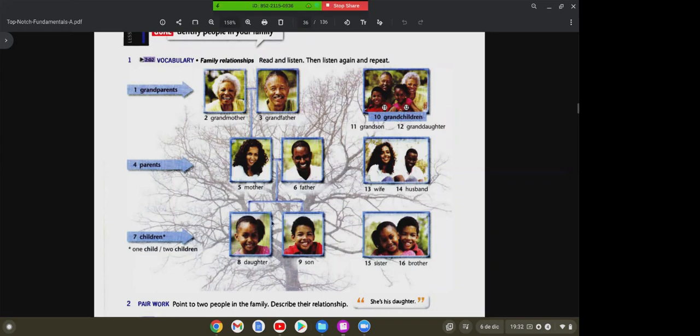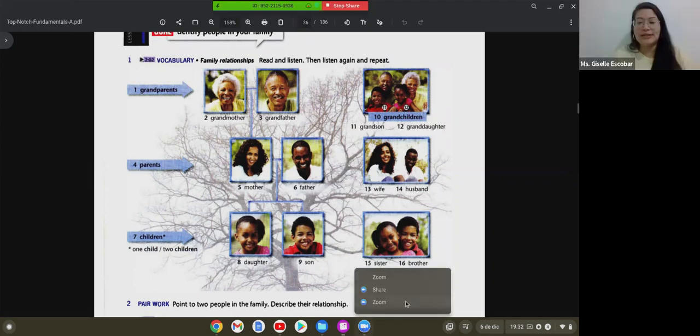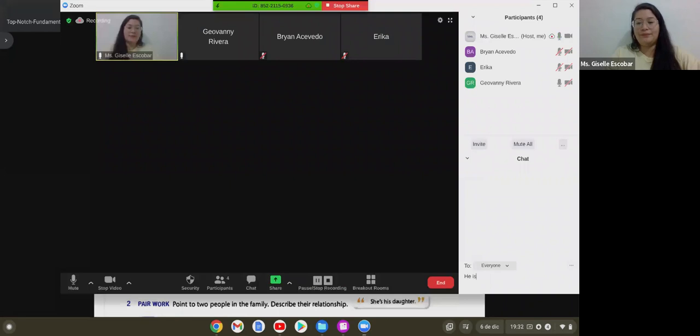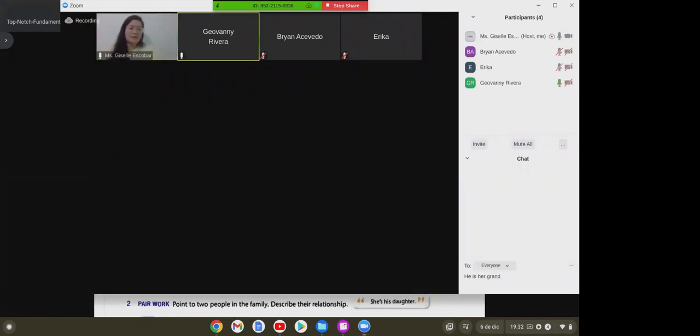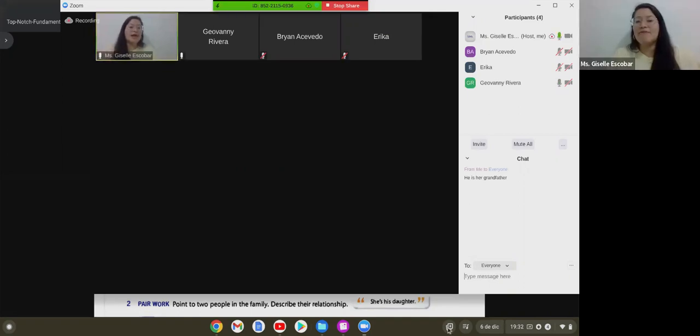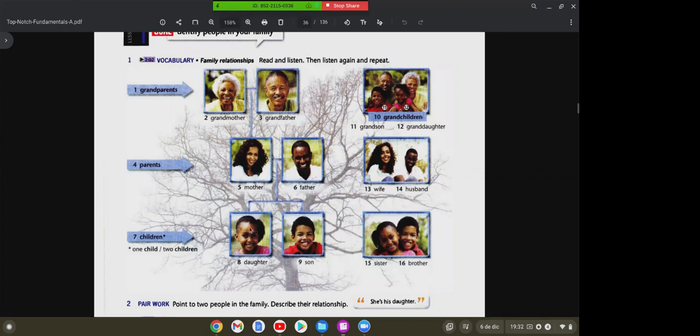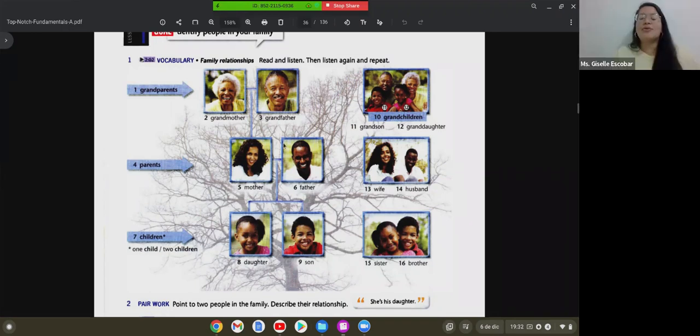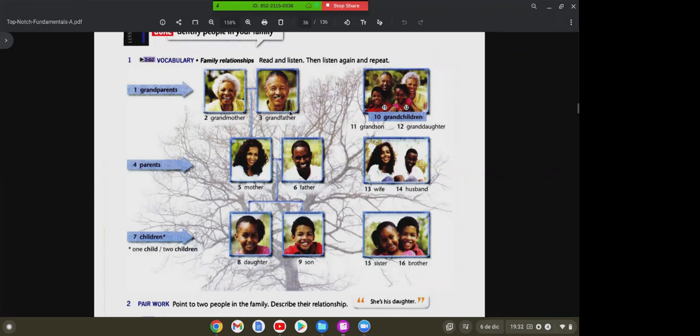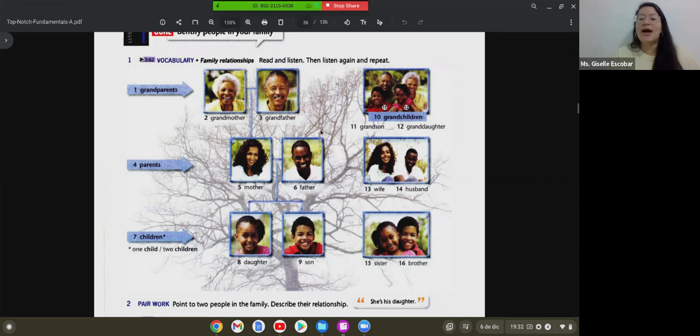I'm gonna write that on the chat. He is her grandfather. Él es el abuelo de ella. Or the opposite. O puede ser lo opuesto. She is his granddaughter. Ella es su nieta.